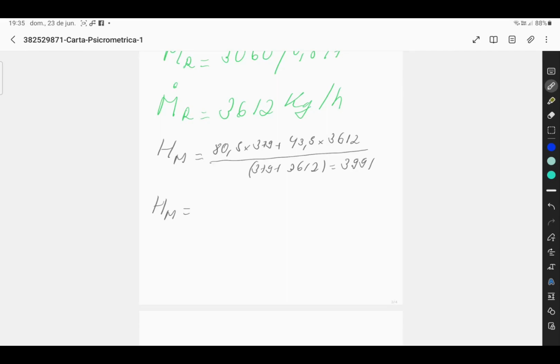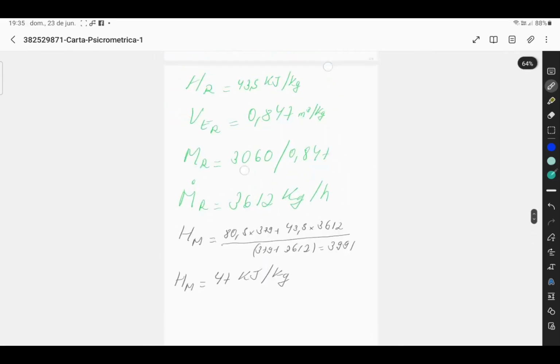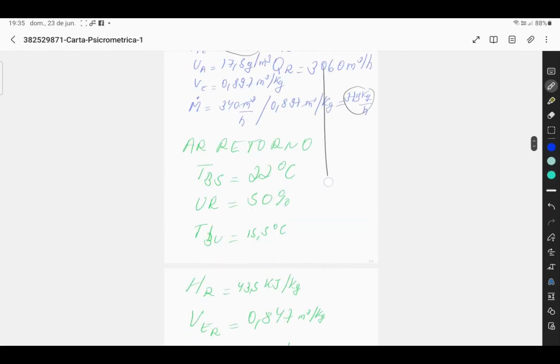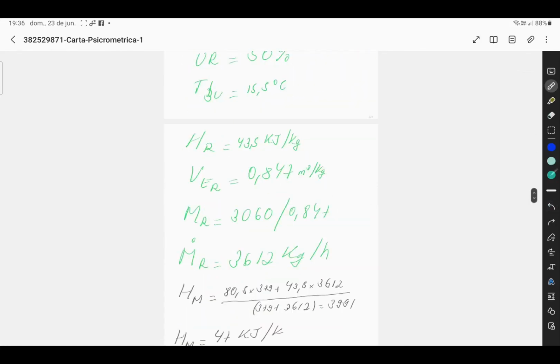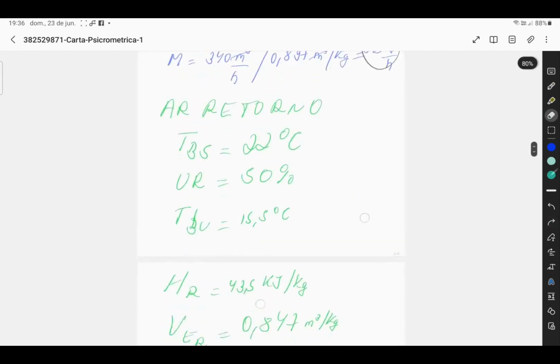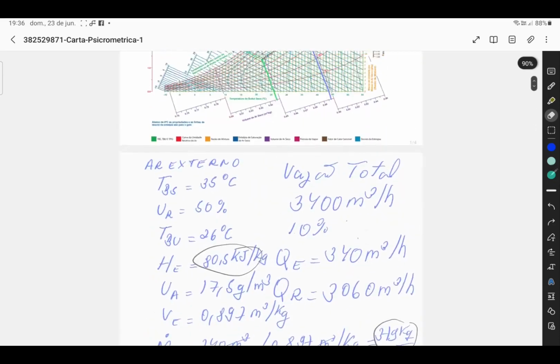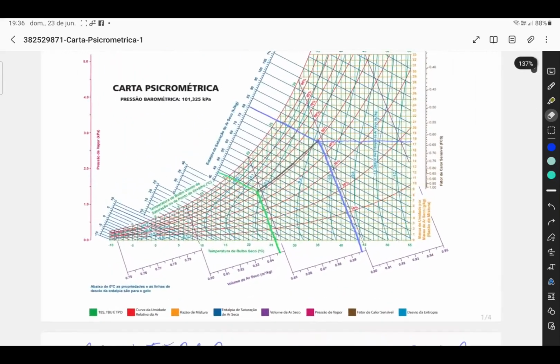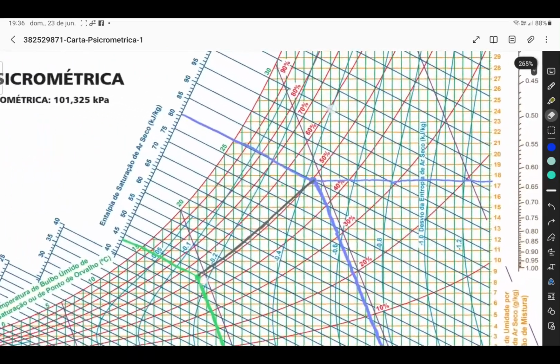So let's go back to our psychrometric chart. Going back to our psychrometric chart, 47. I come here. I'm going to get 47 on my psychrometric chart.